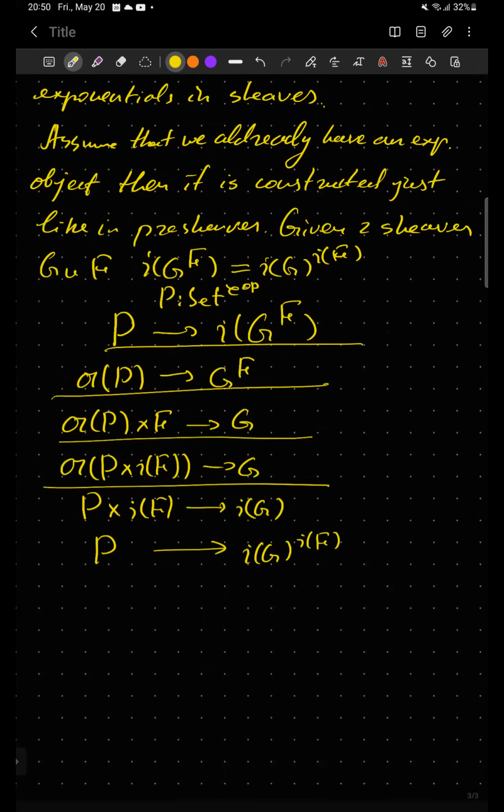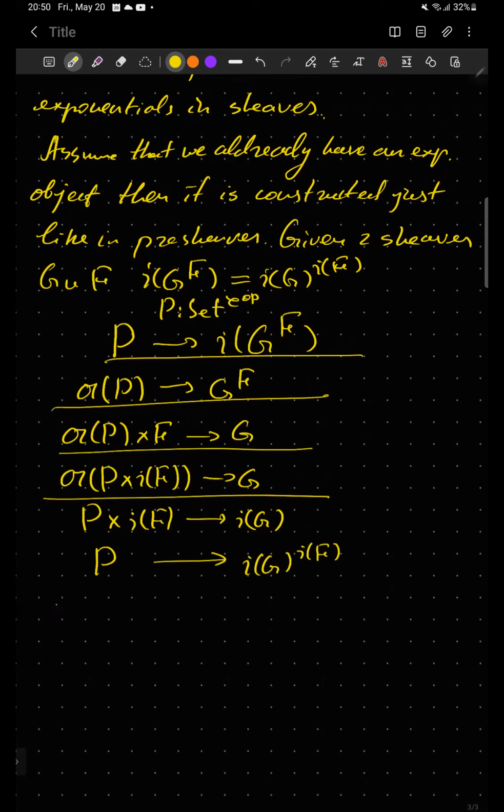Okay, so A is a left adjoint to I, and the composition AI is isomorphic to identity. A preserves finite limits.